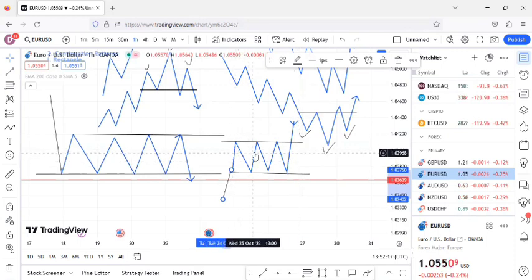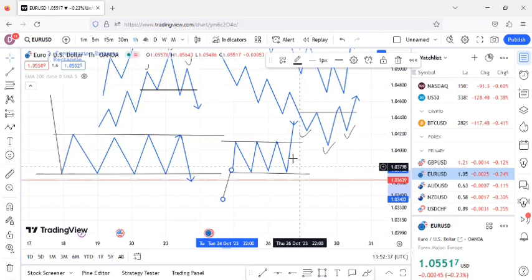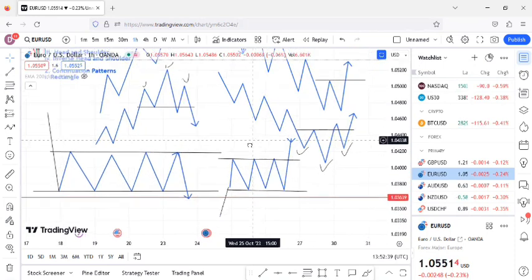You are able to spot a rectangle pattern. What do you do? You wait for a break. The moment you have a break here, you enter your buy, your entry, then you place your stop loss below here. That is the number one way to trade all those things.